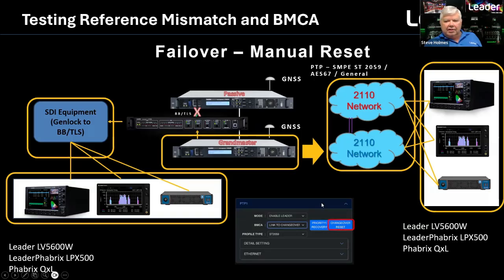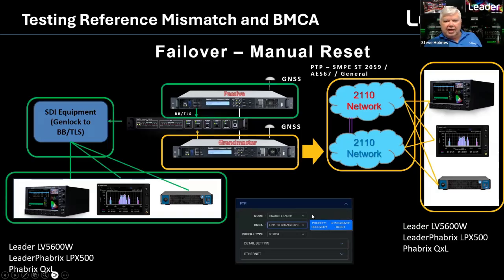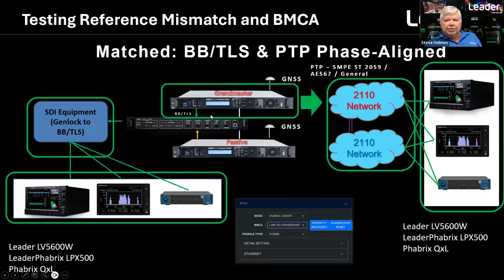And I can hit a changeover reset and I can hit a priority 1 reset. And the priority 1 reset will turn around and switch the PTP back, and that way the engineer is always in 100% control of what happens within the network.